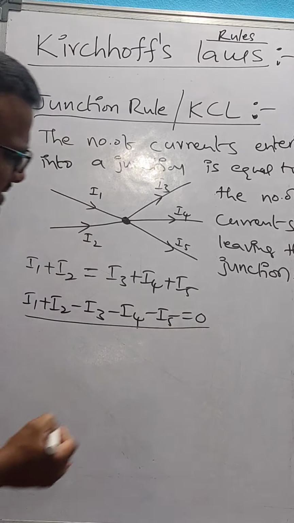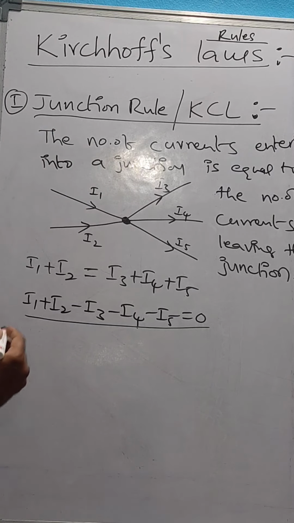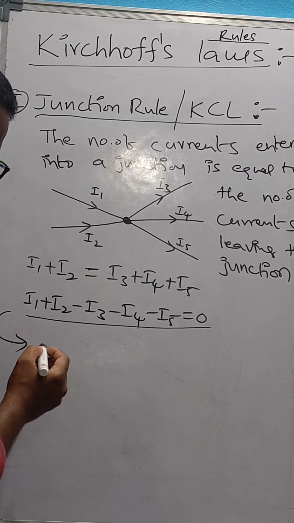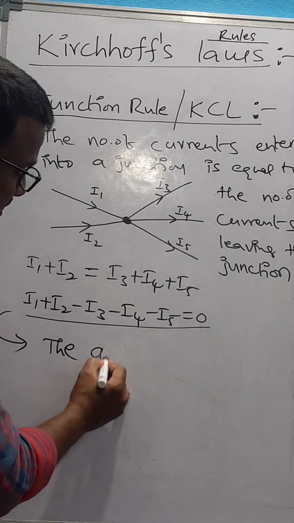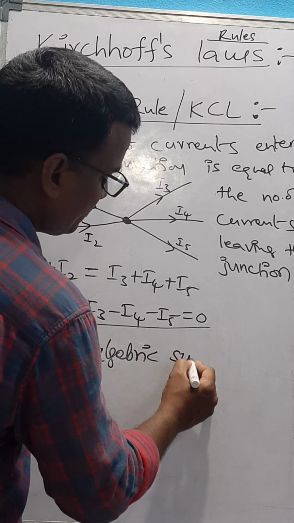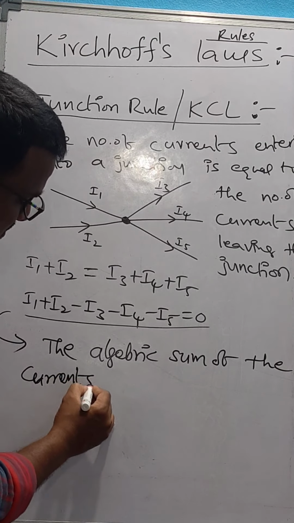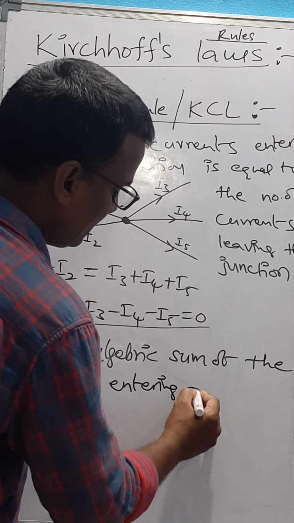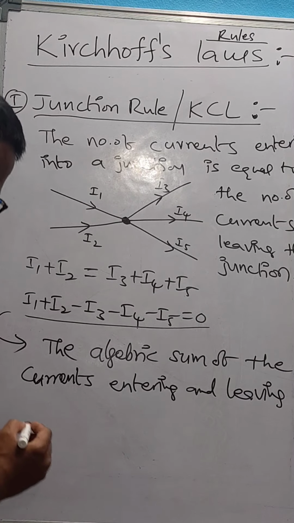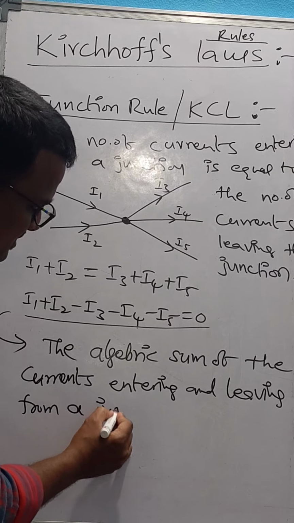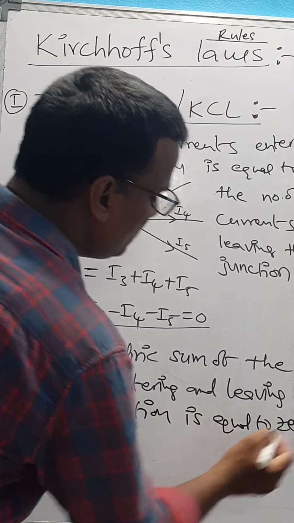Using this equation we can state Kirchhoff's junction rule in other words: the algebraic sum of the currents entering and leaving a junction is equal to 0.